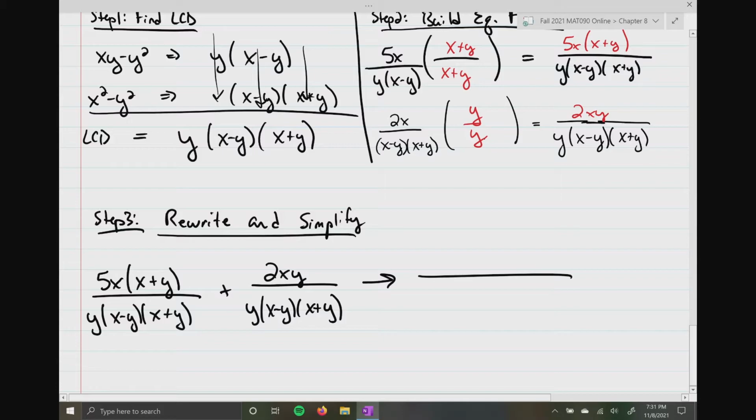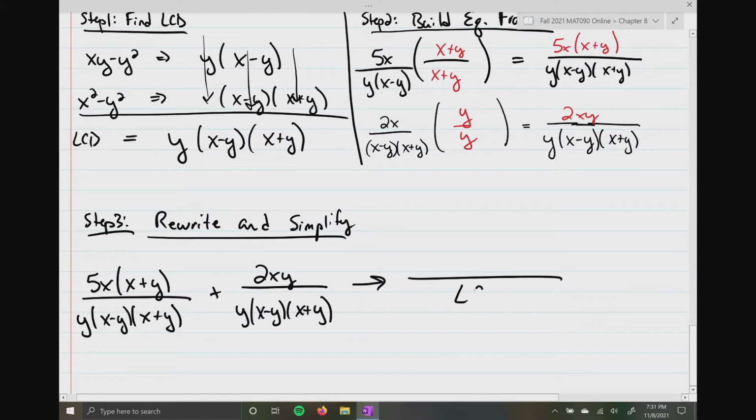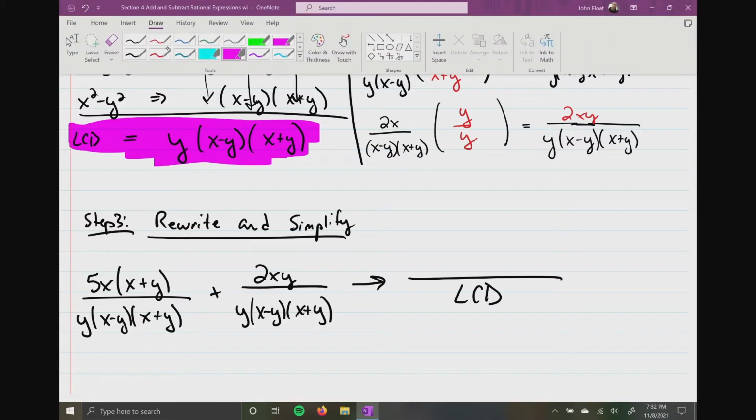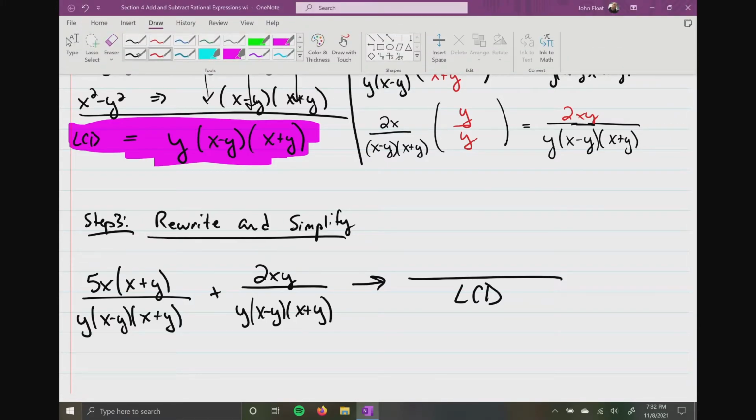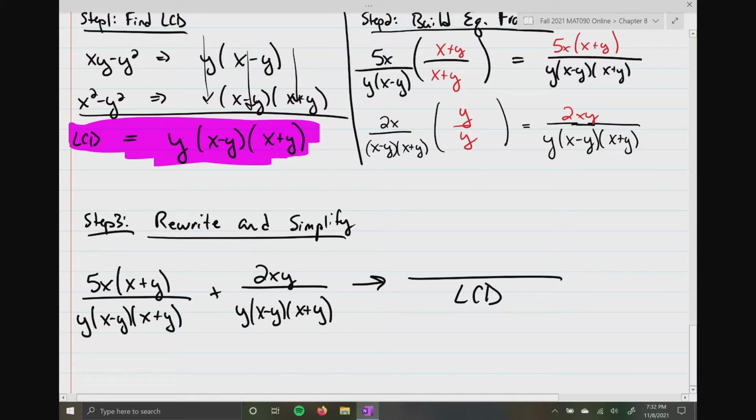And then what I would do is I would just write the words LCD, because you already know what the LCD is. It's right there in purple. All of our work is going to be inside of that numerator here. So I'm going to go ahead and distribute the 5x.